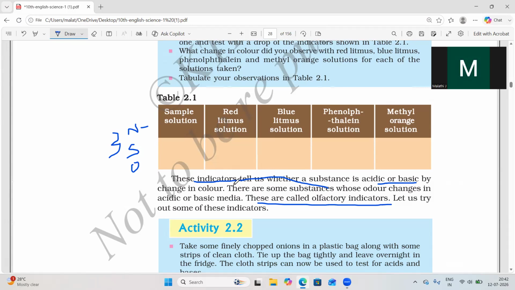So when we come to the sample solutions, how will it happen? I'll show how the litmus paper turns, in short, with slides.